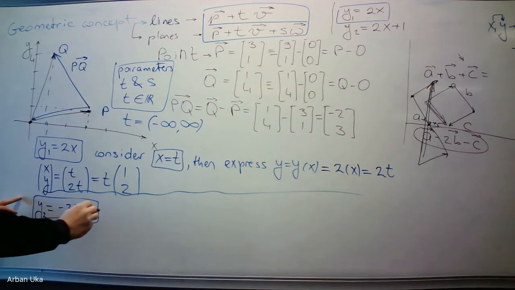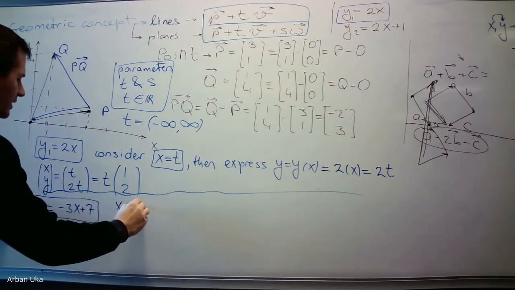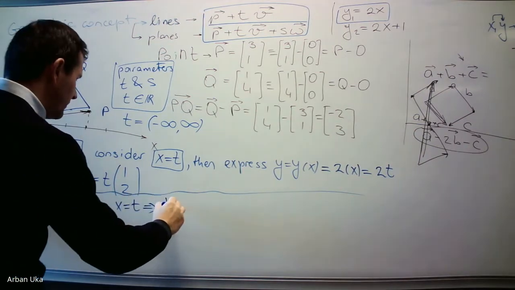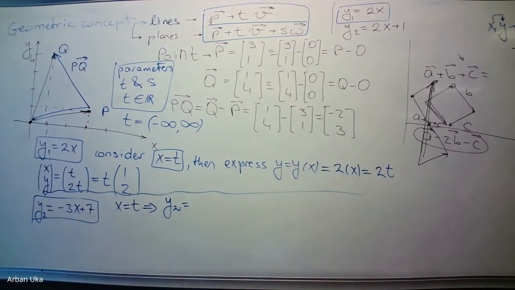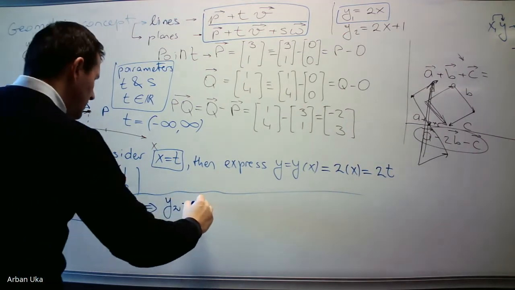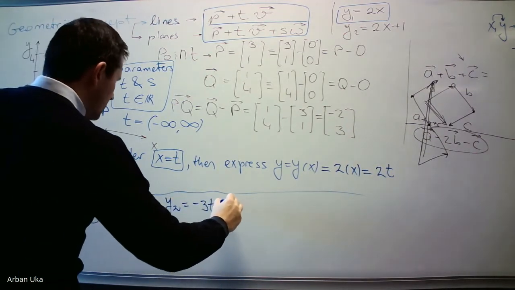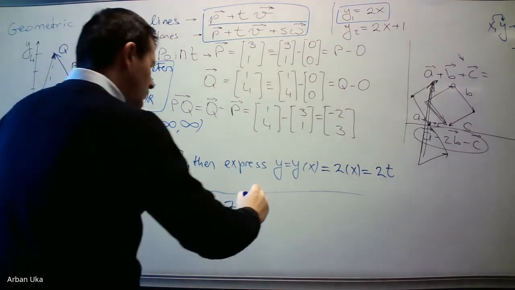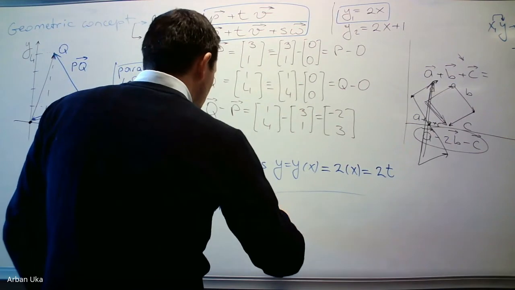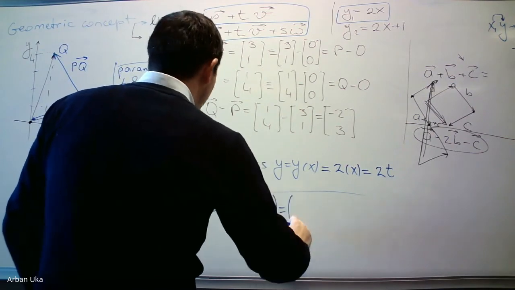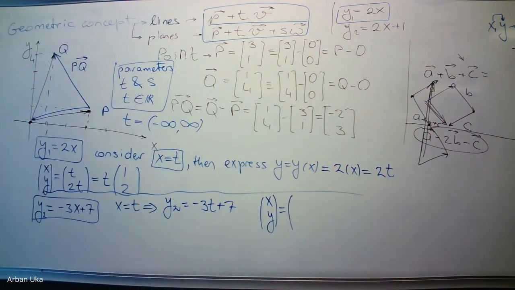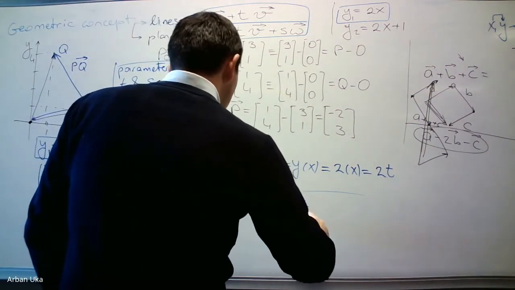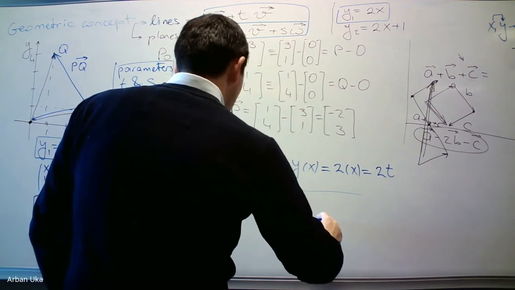Then we say that x is equal to t, and then this implies that y2 is equal to minus 3t plus 7. So we have these two expressions, then we just need to represent what is the x and y. And x and y, in this case, the first one is just t. The second one is minus 3t plus 7.